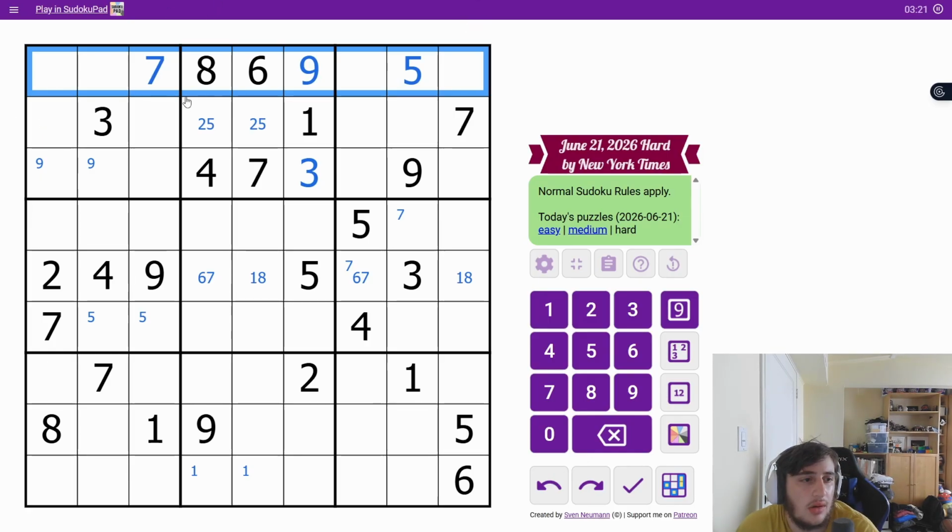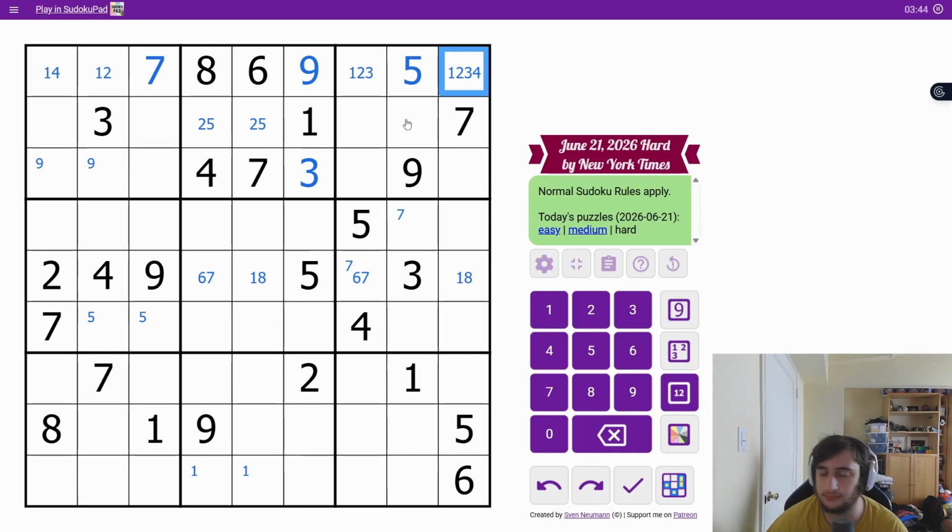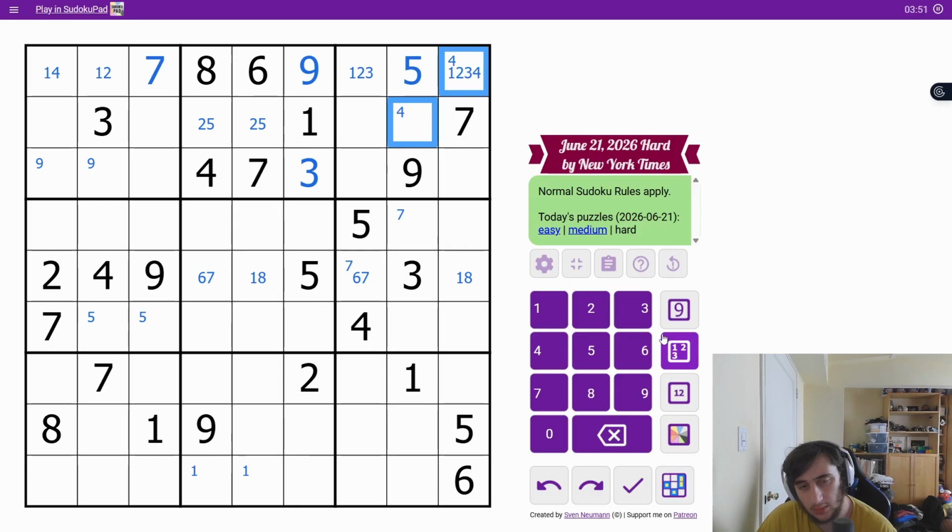We still need a 1, 2, 3, and 4. This square can only be a 1 or a 4. This square can only be a 1 or a 2. This square can be a 1, 2, or 3. And then this could be 1, 2, 3, or 4. So, we don't know much about that. But we do know 4 is in one of those two squares.